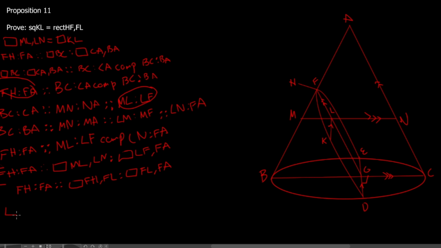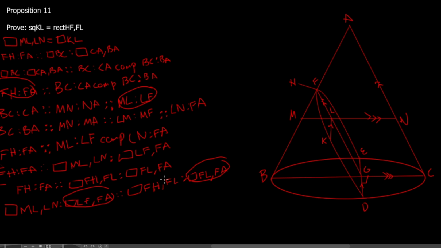So we have ML LN is to LF FA as FH FL is to FL FA. Now FL FA and FL FA is repeated twice.